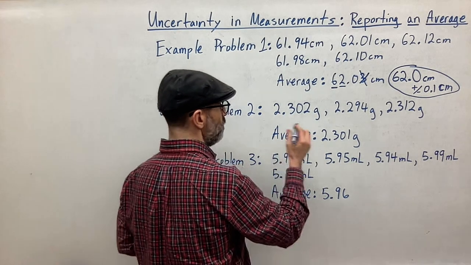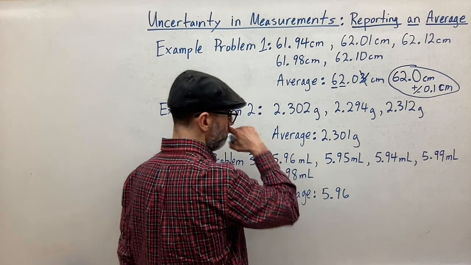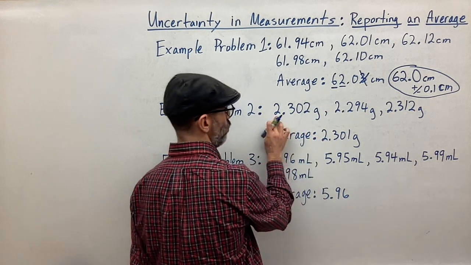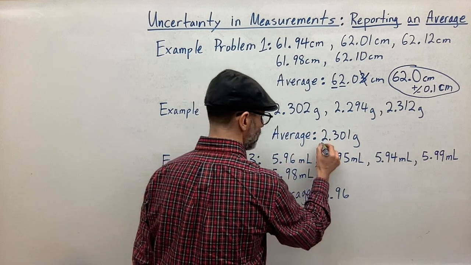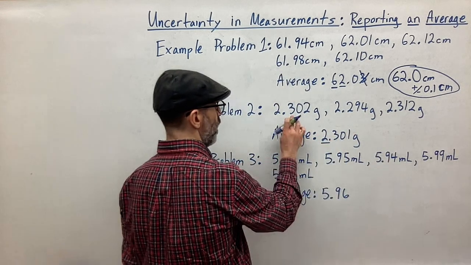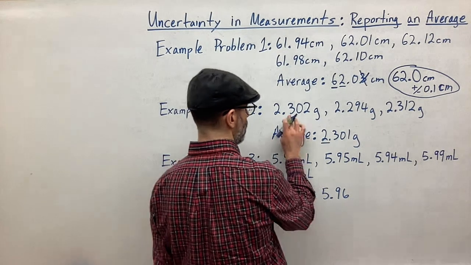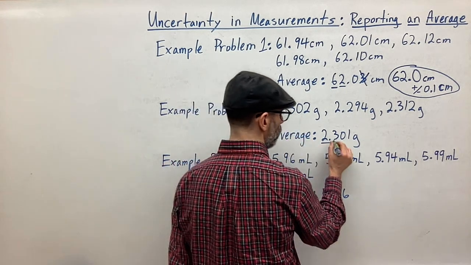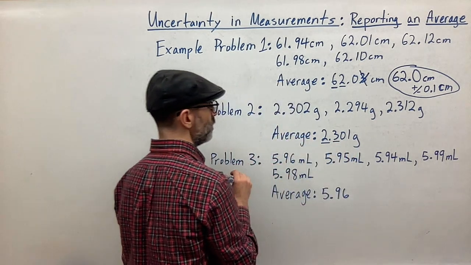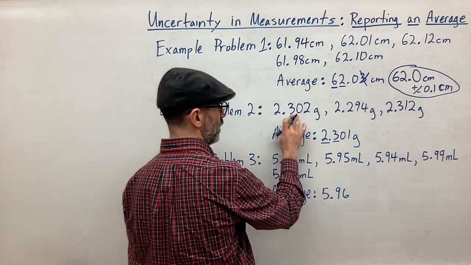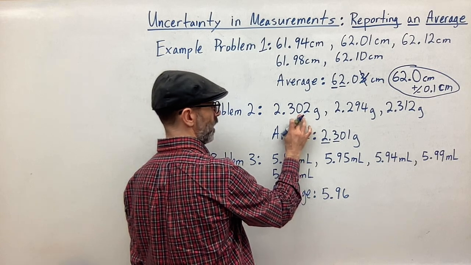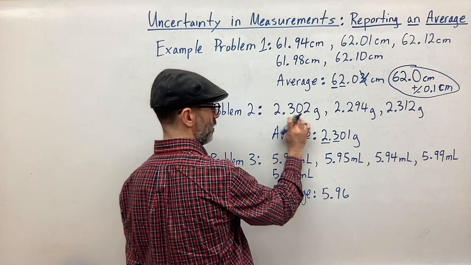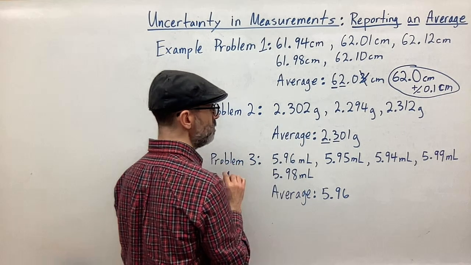And so therefore, we can keep the 2, because notice that the 2 is the same in all of them. So that is definitely certain. The second digit, the tenths place, we'll accept that is certain, because the fluctuation in the tenths place is only because there's fluctuation in the hundredths, and we're kind of on the edge of 2.3.